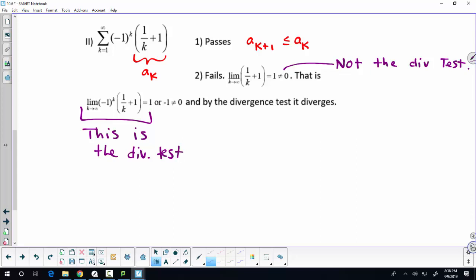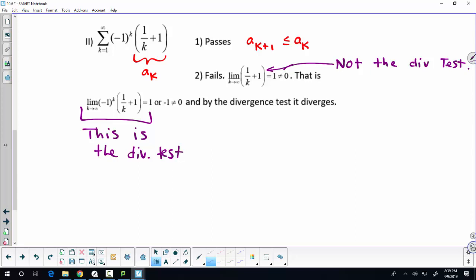So like that series, even though we can't conclude anything from the alternating series test, we can conclude something about it via the divergence test. Just make sure that you're keeping those things separate.